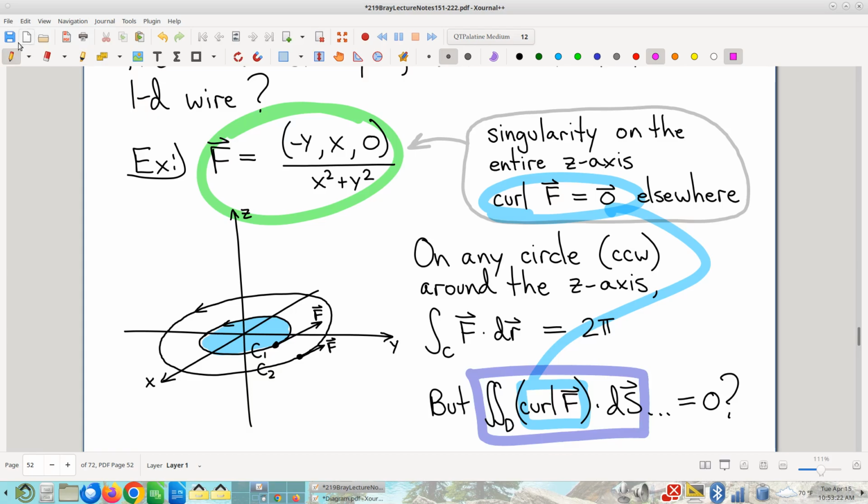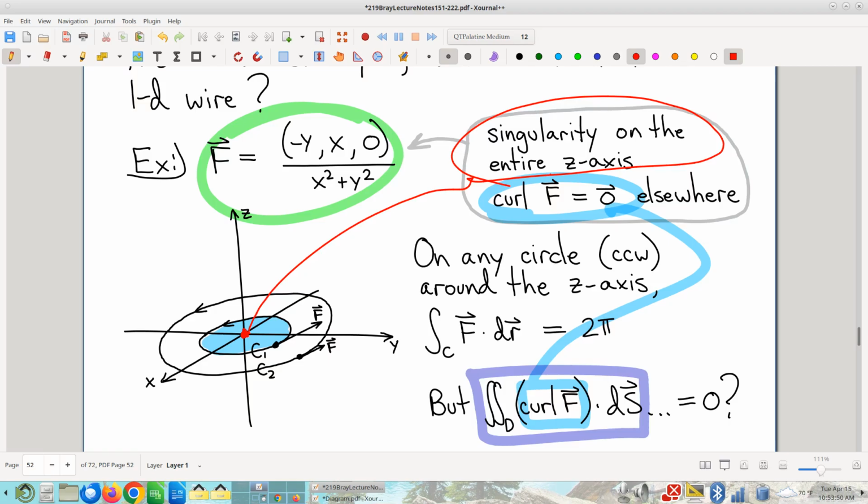Okay, full confession. In fact, we do have the origin on the z-axis. So there's this one little, innocent, tiny little point where technically it's not defined. But how is just one point being undefined going to affect the computation of this surface integral?